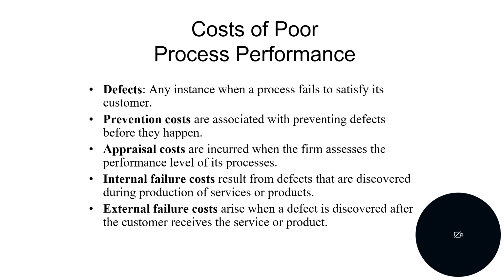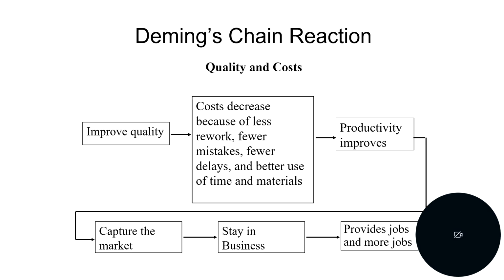But testing the product before shipping is going to be an appraisal cost. That's an inspection. So let's say it's a laptop. Before even shipping it out, we are going to want to make sure it works. Handling a customer refund would be an external failure cost. That's because they didn't check that laptop, they sent it out, and it was already broken. So they had to return it and refund that customer.